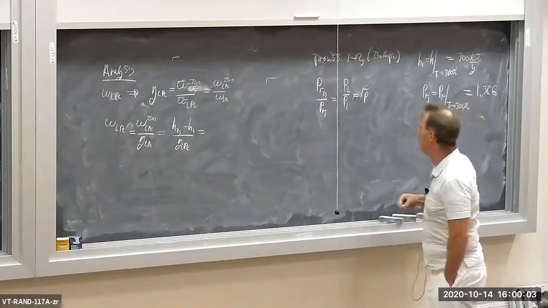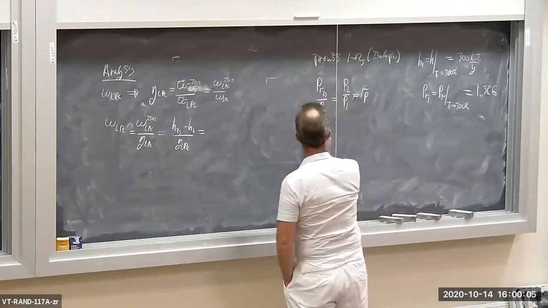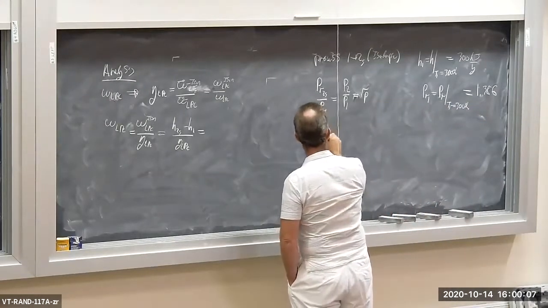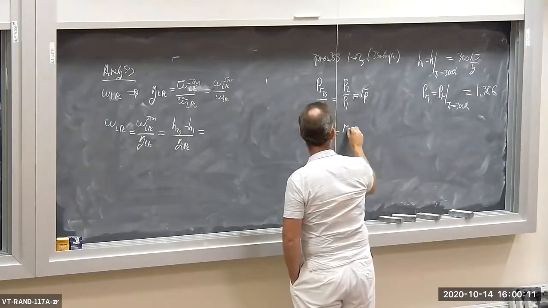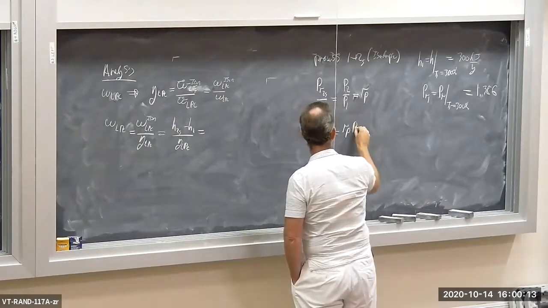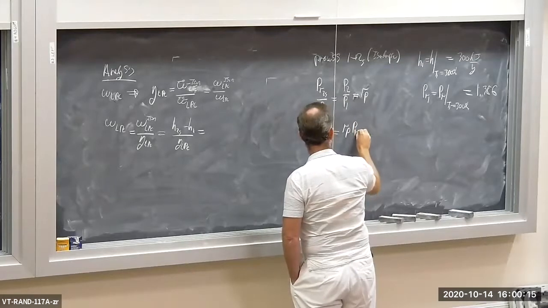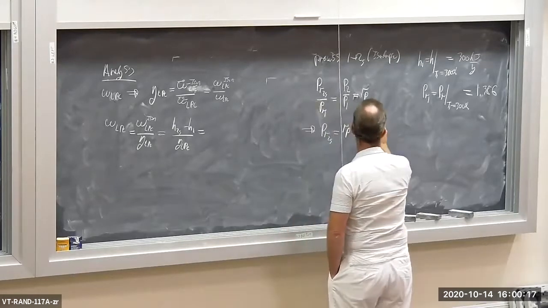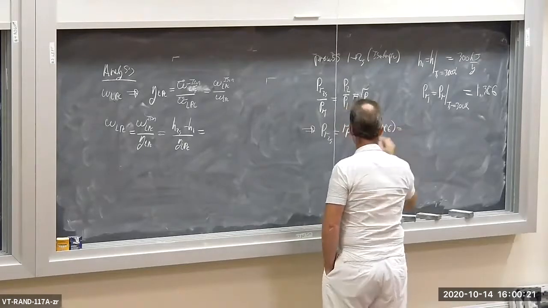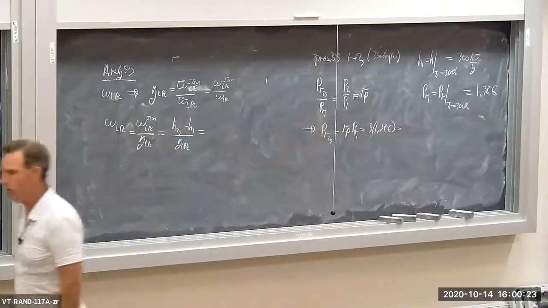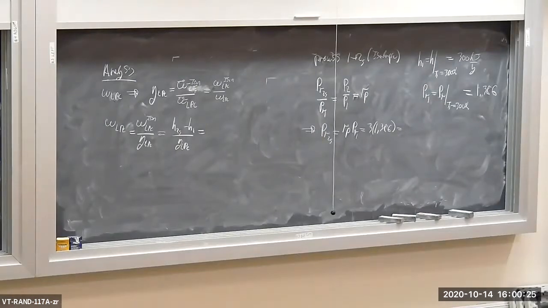So PR2s is equal to R_P times PR1, so that's 3 times 1.386, and I get PR2s equal to 4.16.